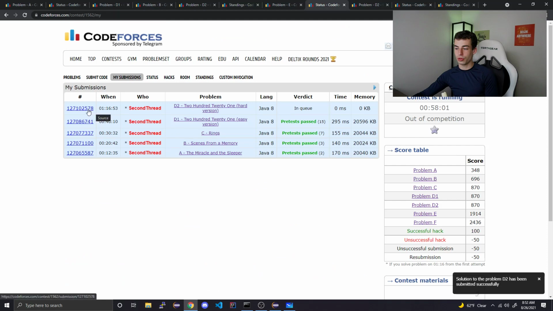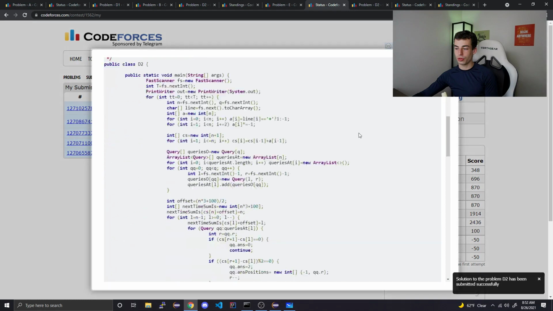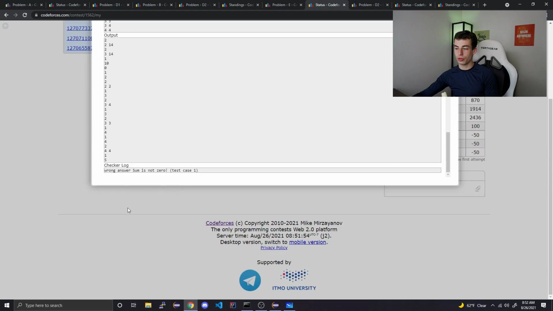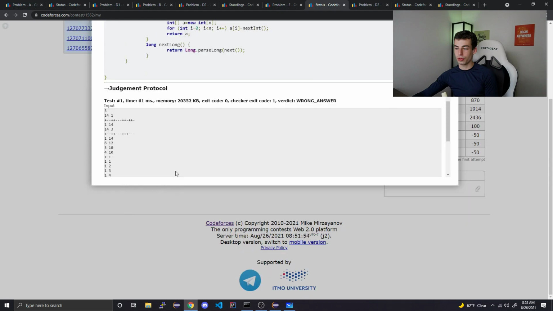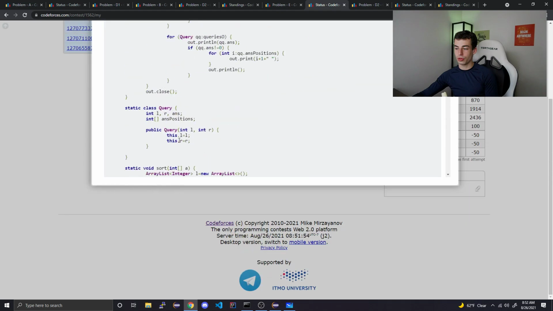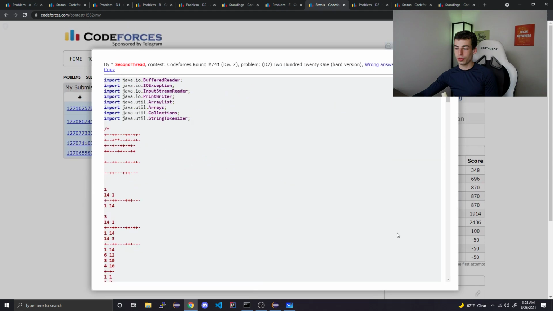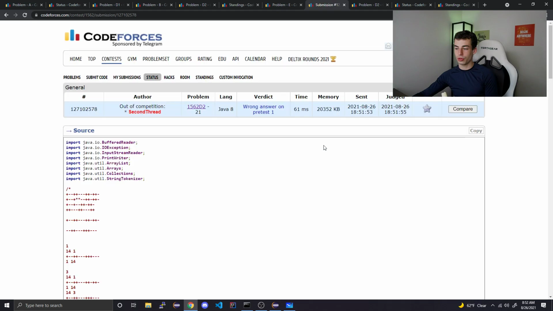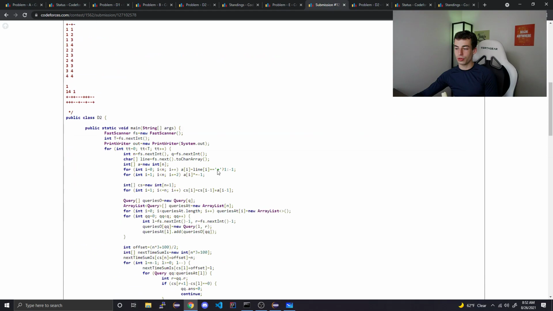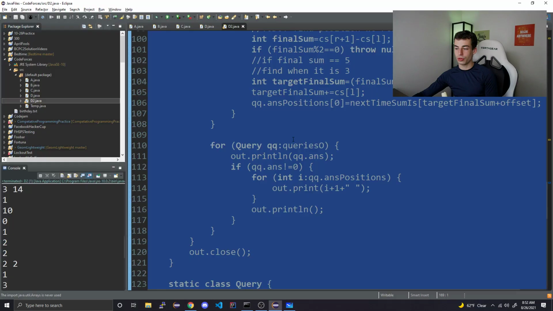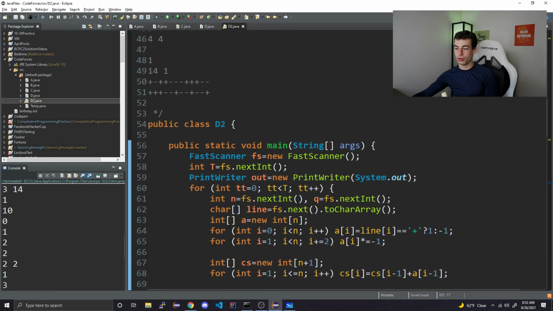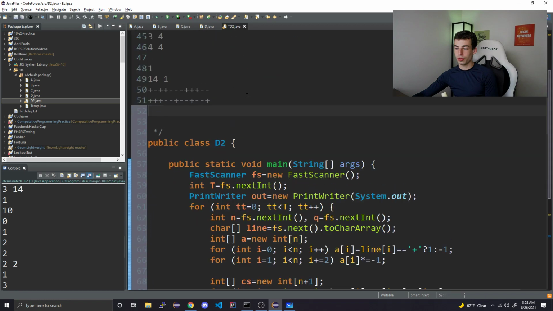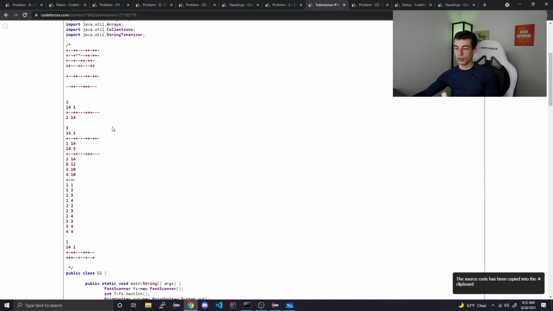Okay, well, let's read the thing. What does it say? Sum is not 0, test case 1. Yes, it is. Fake news. It is 0. Yes, it is. I don't believe you. Okay. Oh, that's my code.